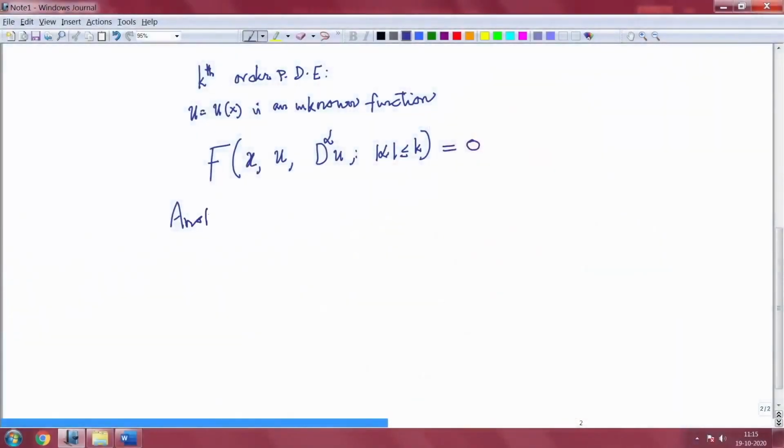So, D power alpha of u, with modulus of alpha less than or equal to k, is of the form some non-homogeneous term.